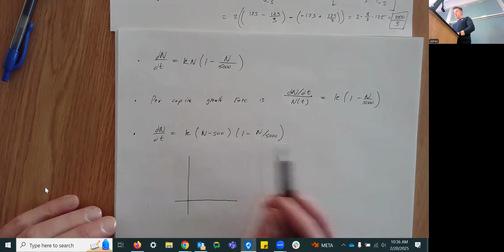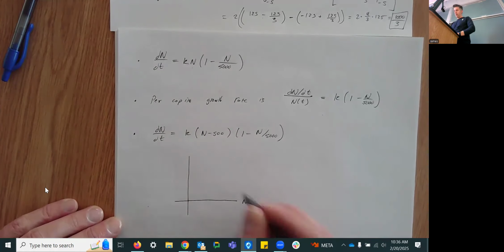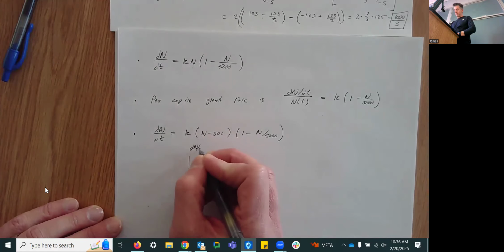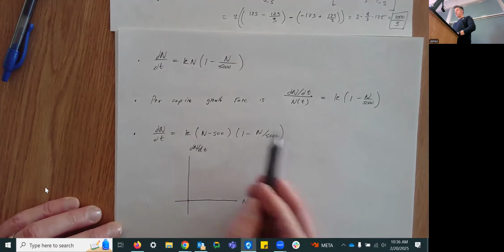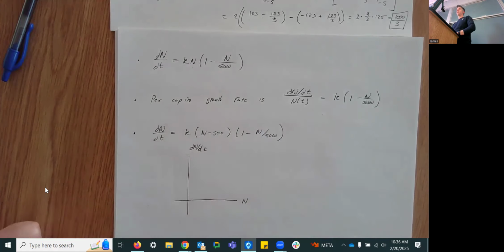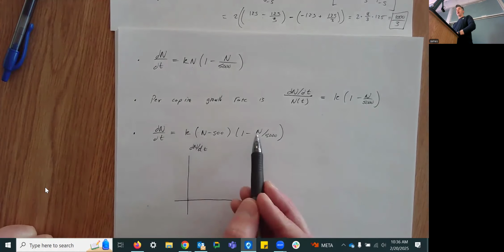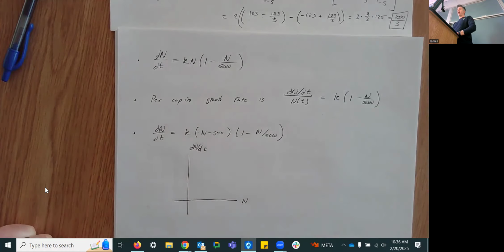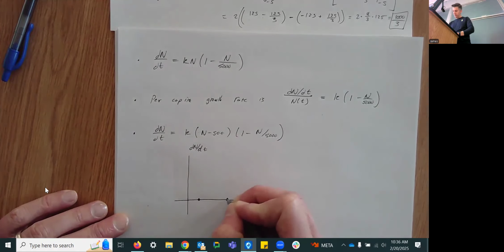So again, back to my question, if we're plotting dn/dt versus n, what's the degree of this polynomial? Second. Is it a downward opening parabola or an upward opening parabola? Right, because you have a positive n times a negative n, so it's going to be a downward opening parabola. The intercepts are going to be 500 and 5,000. So it's going to do something like this.